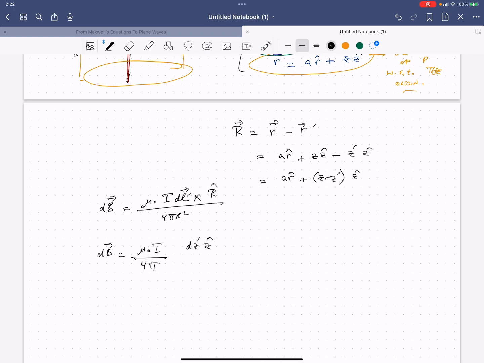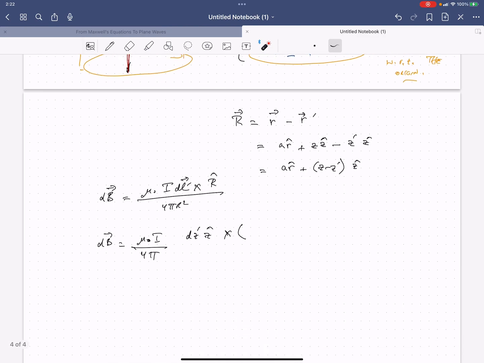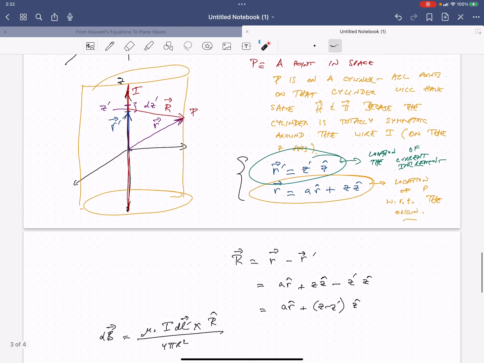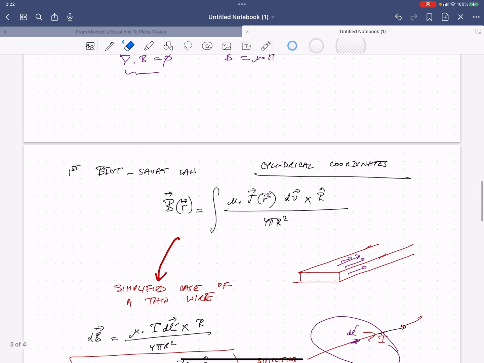So that's this dl, and the cross of that with R. Sorry, I shouldn't have written R hat. This is R. The R hat or R? Let me see.